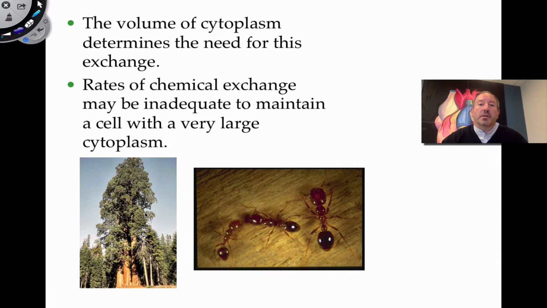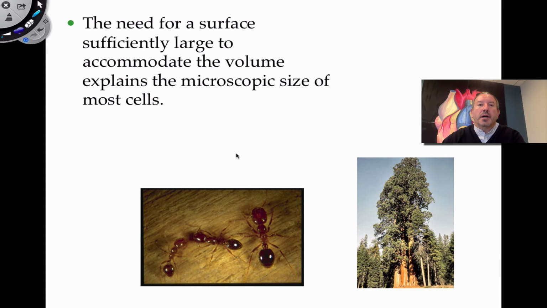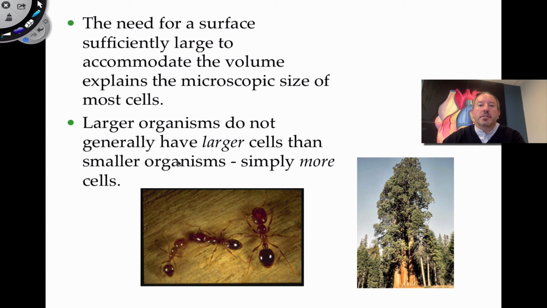It's just that the big organism has more. It has to do with the rate of chemical exchange, diffusion, for example, of oxygen. And so the need for surface area to be sufficiently large to accommodate the volume explains why cells are microscopic. Okay, I hope that was good. And so larger organisms generally don't have larger cells, but they just have more of them.